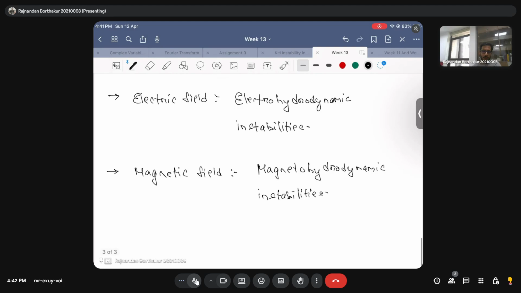One of the reasons for the formation of Earth's magnetic field is due to this instability. I mean, it's not the reason, but it's one of the reasons for the generation of Earth's magnetic field.